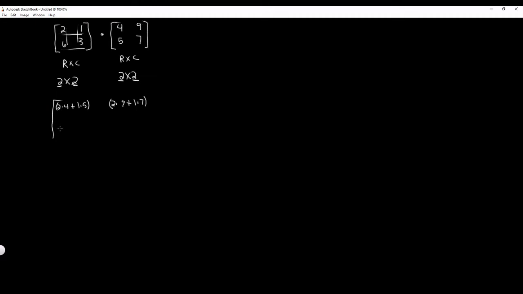So 6 times 4 plus 3 times 5, and that'll be the second element in our first row for our final matrix. And then we multiply 6 by 9, so 6 times 9 plus 3 times 7.